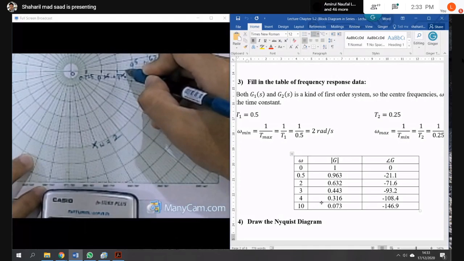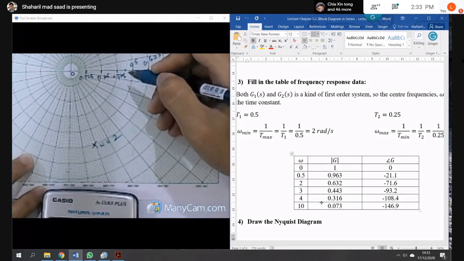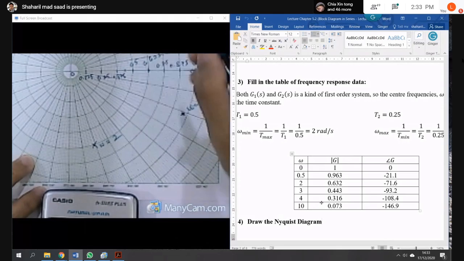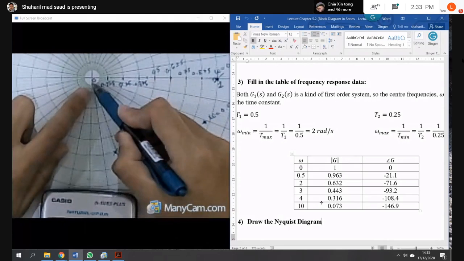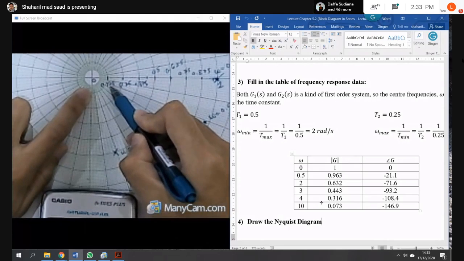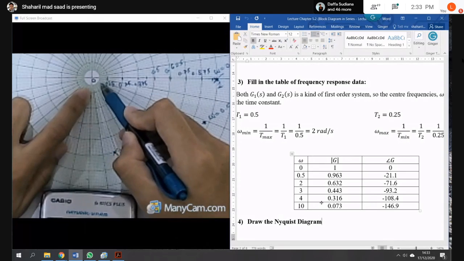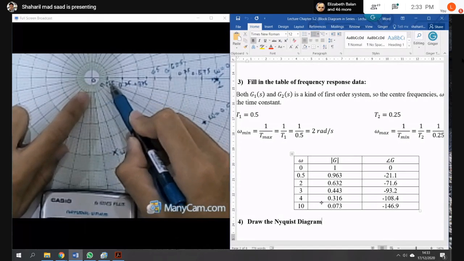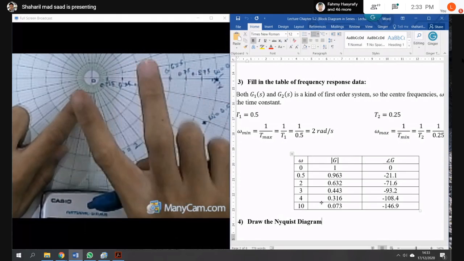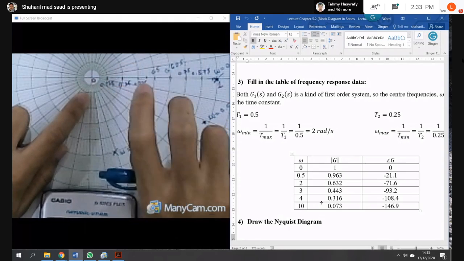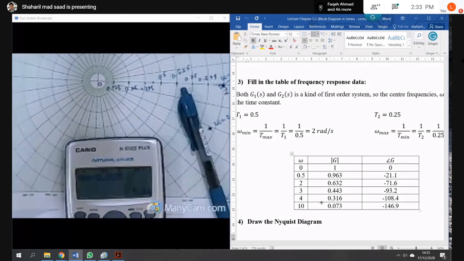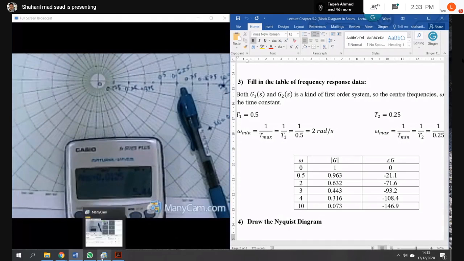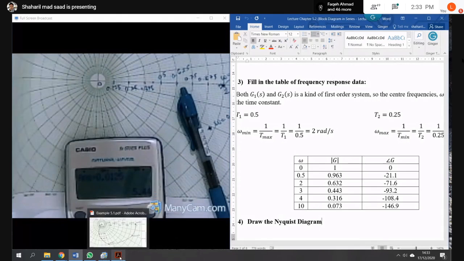Why do we divide over 0.0125? Because from 0 until 0.125, that is 10 box. Do you understand? 0 until 0.125, there is 10 box. That is 10 minor tick. Do you got it?